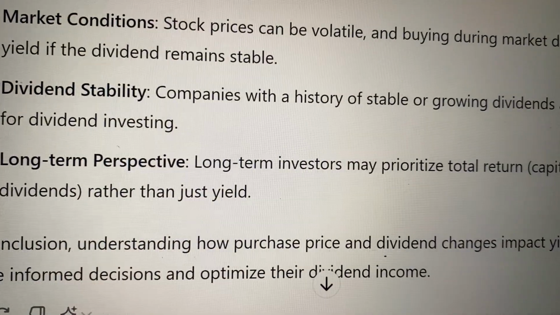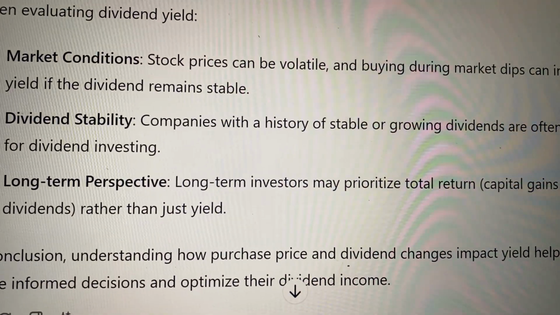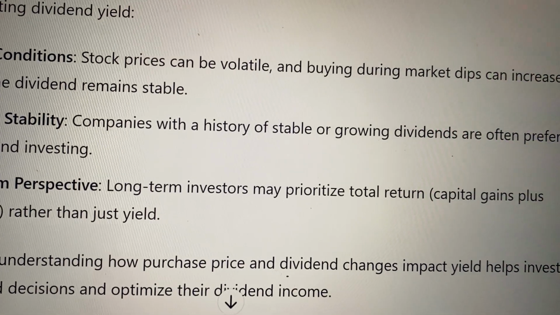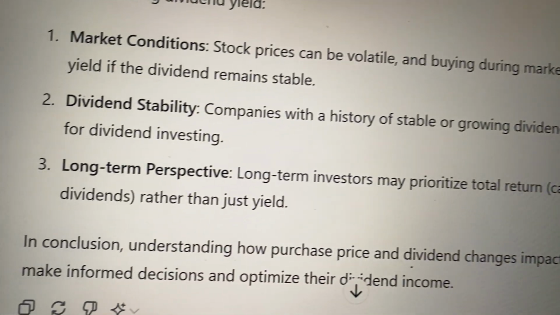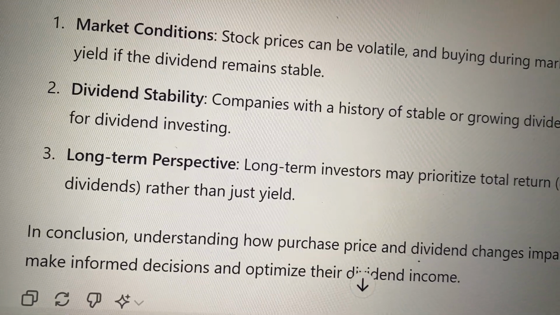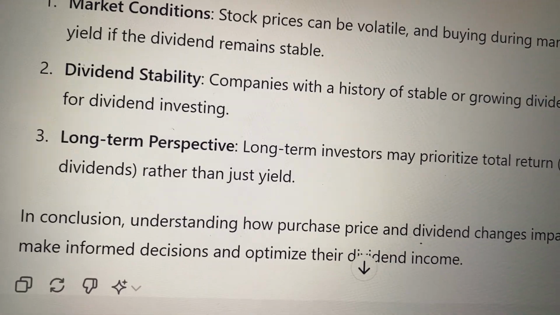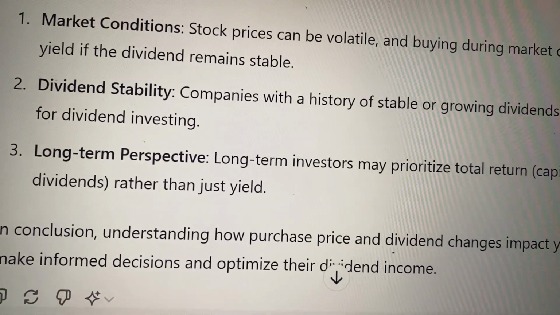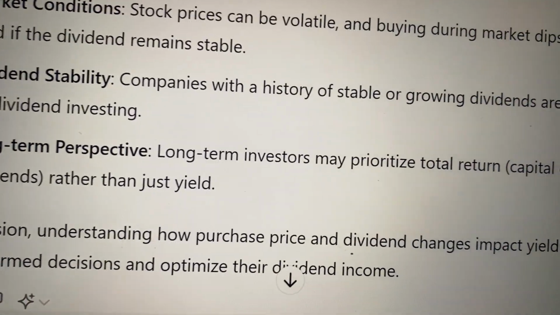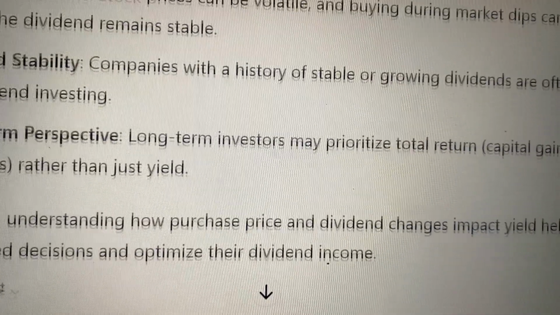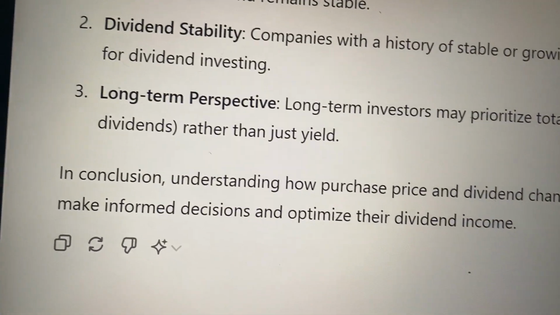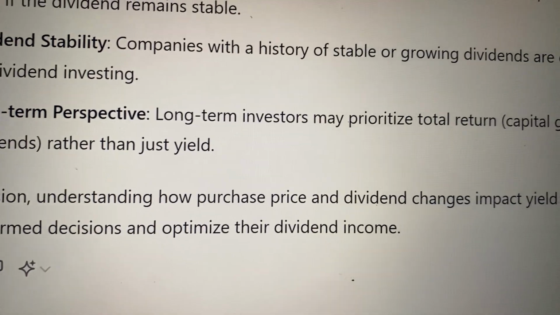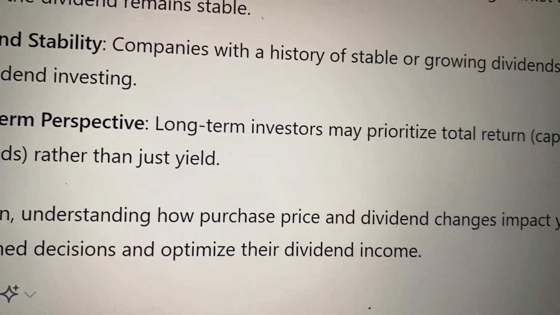Long-term perspective. Long-term investors may prioritise total return, capital gains plus dividends, rather than just yield. In conclusion, understanding how purchase price and dividend changes impact yield helps investors make informed decisions and optimise their dividend income.